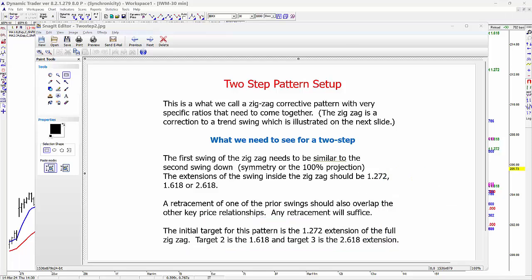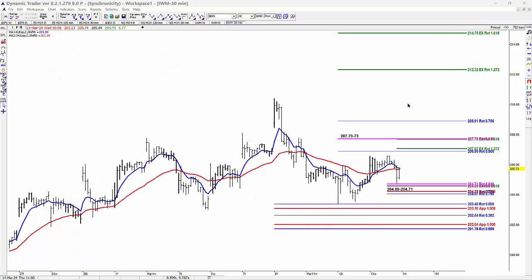But don't get caught thinking that just because you see a zigzag means it's a two-step pattern, because it's not. It could be part of a bigger one, but it's not. So that's pretty much all I have for today. I just wanted people to understand how I'm looking at the averages for the best setups.